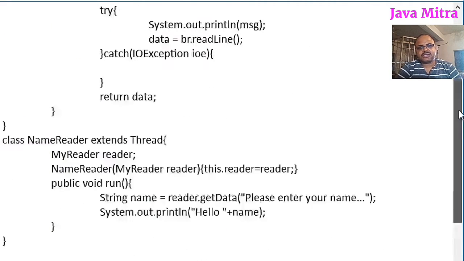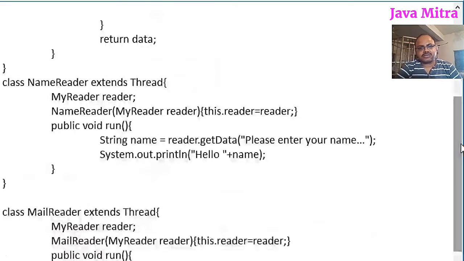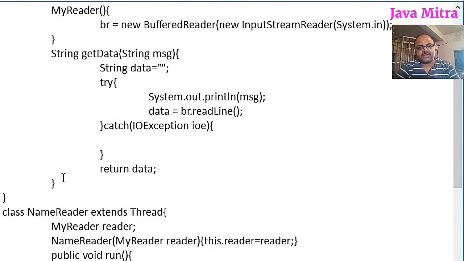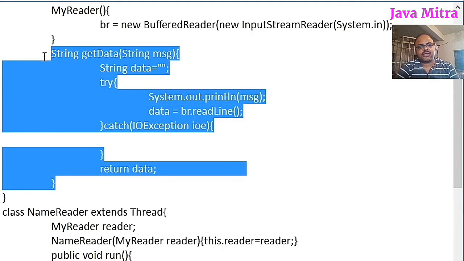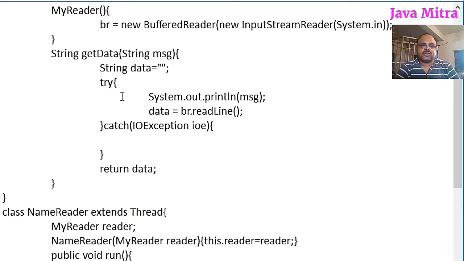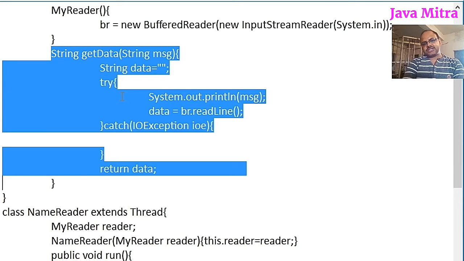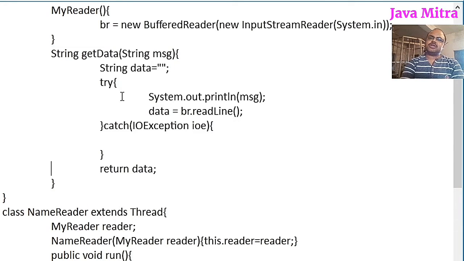And in this case, the getData method is used by both the threads. So if we try to synchronize, this is the critical section used by both the threads.